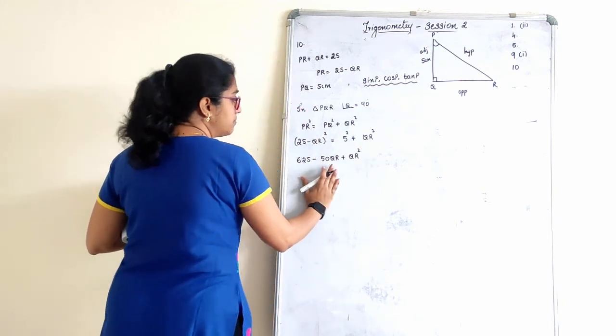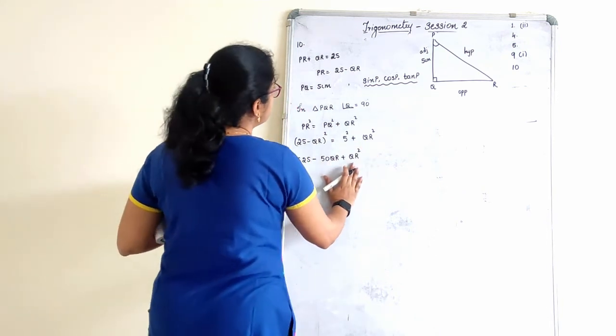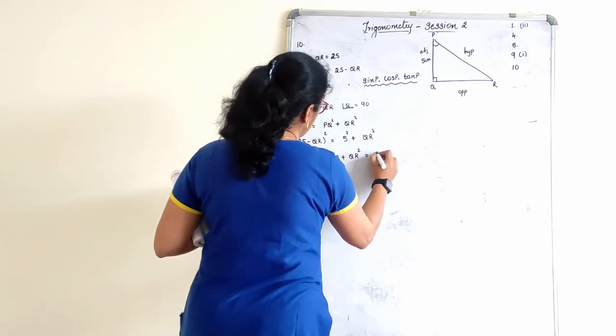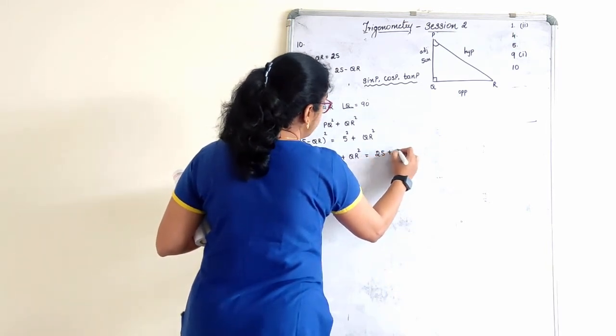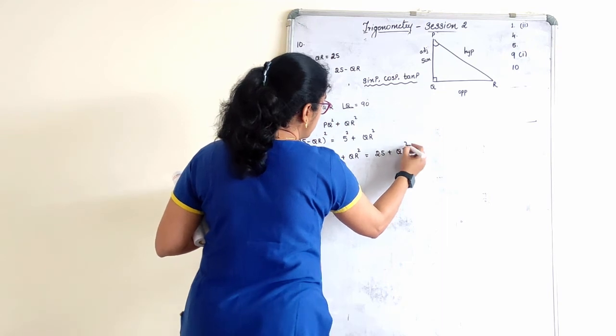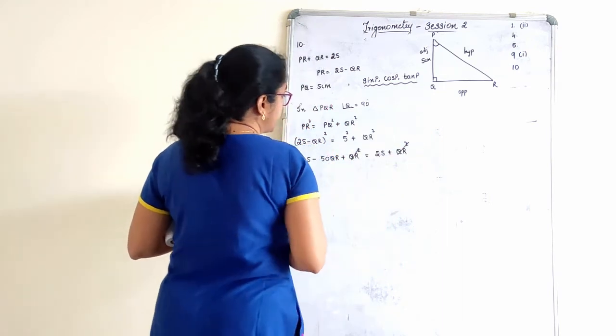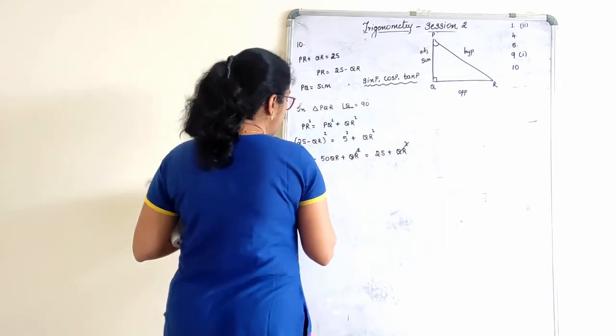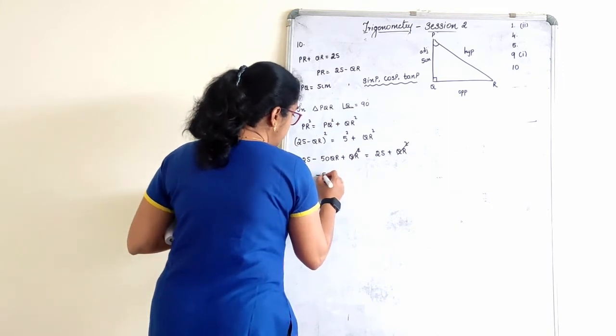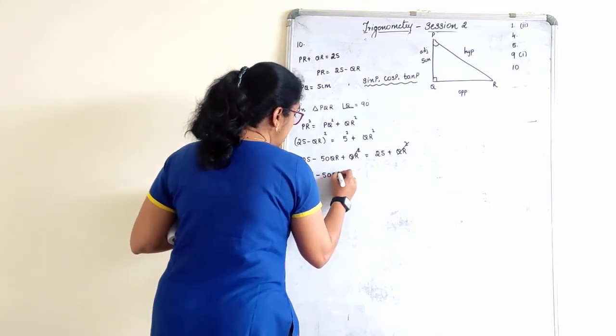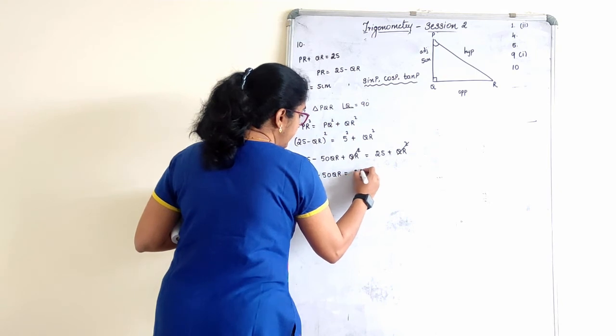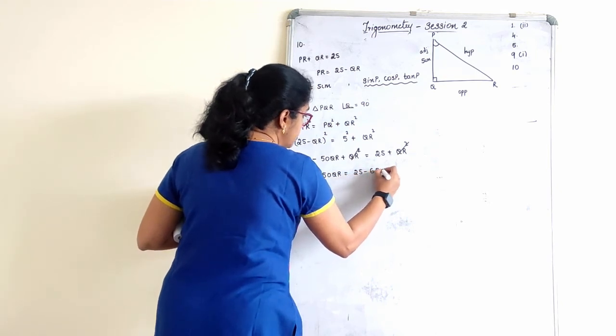A square minus 2AB plus B square is equal to 25 plus QR square. QR square and QR square will get cancelled. So what we will do here? Minus 50 QR is equal to 25 minus 625.